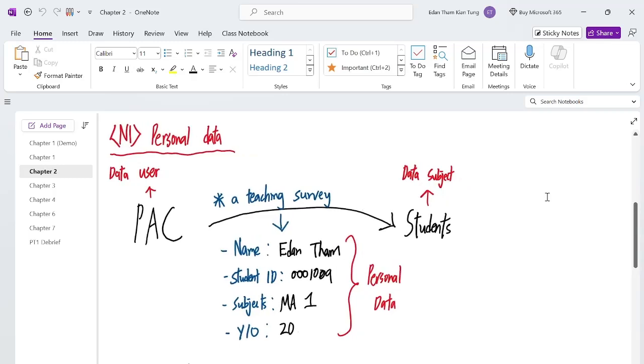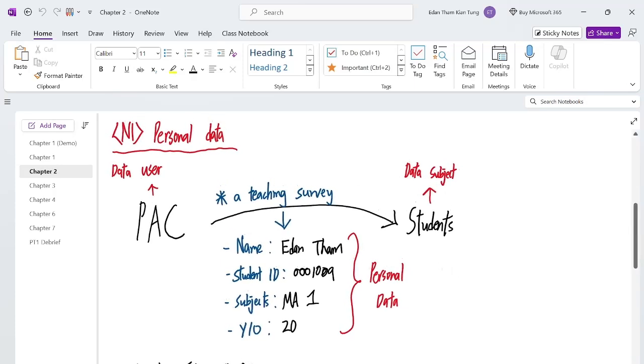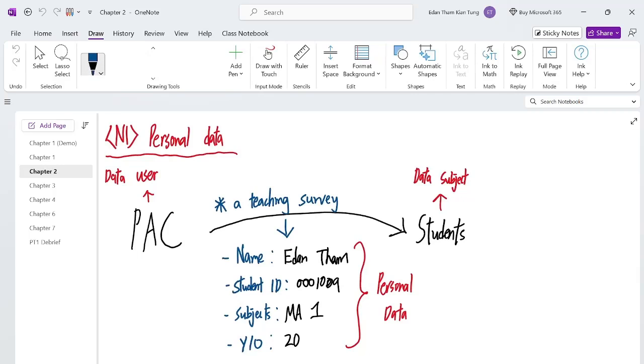If today you know who is PAC, if today PAC would like to conduct a survey, let's say a teaching survey, and we would need you to fill up your personal particulars, like your name, your student ID, what is the subject that you have taken, and what is your age. So all this kind of information is what we call personal data, because it is related to a living individual, which is me. Unless you say I'm not a living individual, then different story.